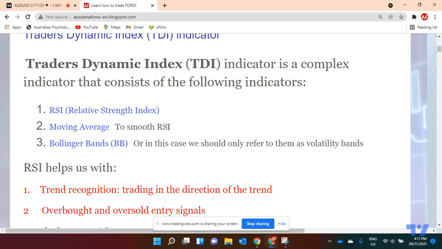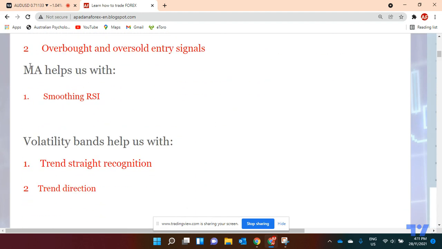We don't want to go to the detail of that anyway. Bollinger Bands, or in this case, we should only refer to them as volatility bands. As I said, the moving averages help us to smoothen the RSI, and volatility bands help us with the trend strength recognition and trend direction.